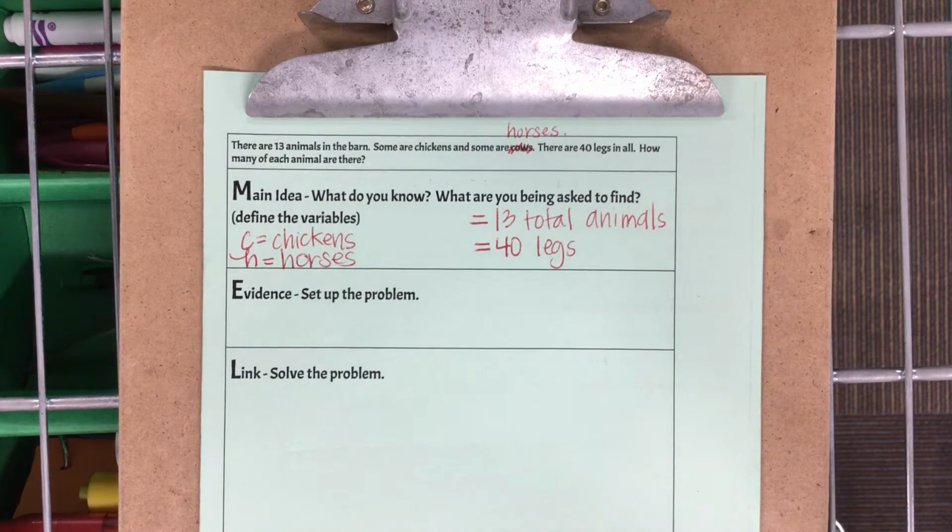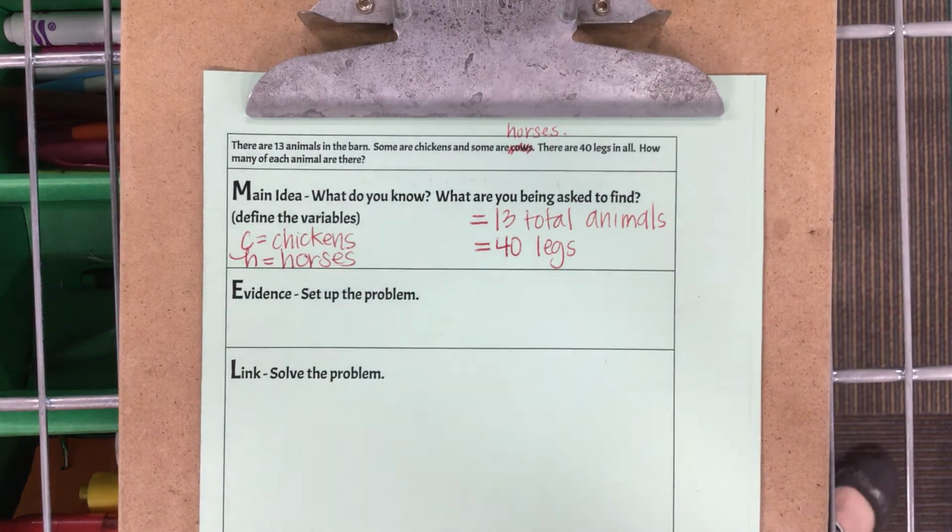It gives me this information. It tells me two equations. Something's going to equal 13. Something's going to equal 40. Two equations in every system. I also have two variables. I have C for chickens and I have H for horses.